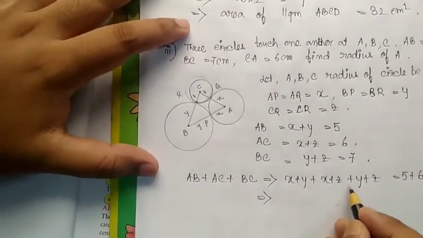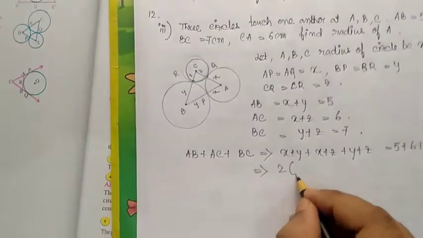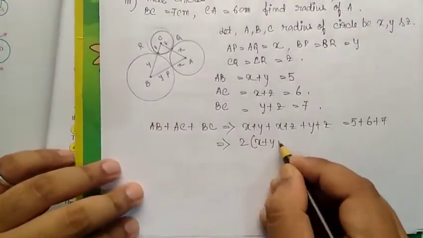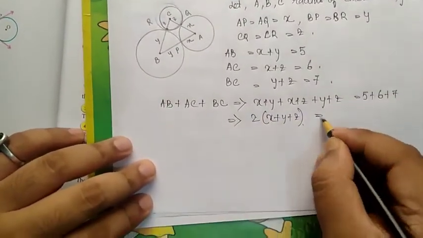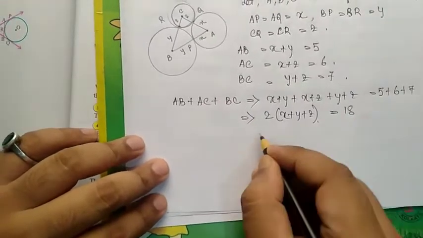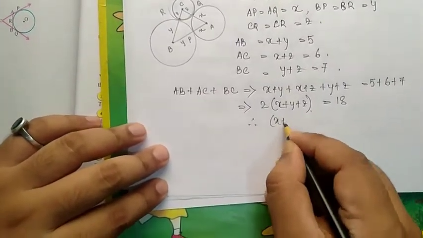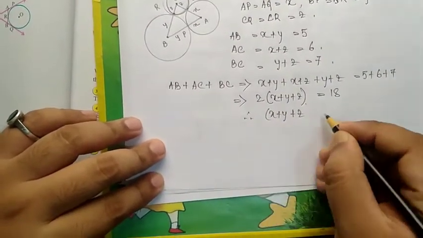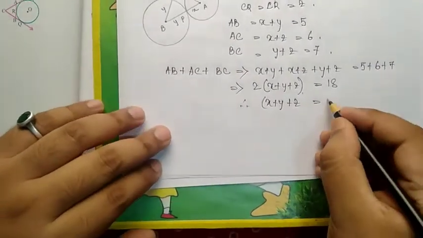So here 2x, 2y, 2z, we're gonna take common 2. So therefore 2 times x plus y plus z equal to 18. So therefore x plus y plus z equal to 9.